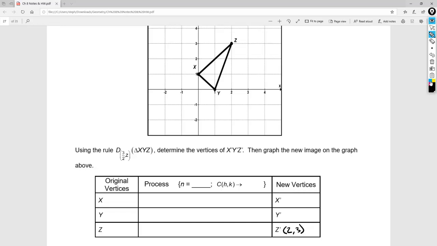Okay, so let's talk through some process again. Let's use some colors here. So I am multiplying everything by a scale factor of 3/2. Okay, and my center is at 2, 3. Alright, so again, we're just going to set up my original vertices 0, 1, 1, 0, 2, 3. Okay, so I am going to have some points here.